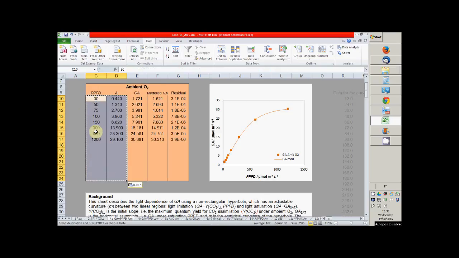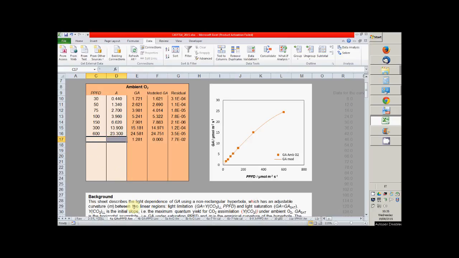Now, these cells do not contain any formula which links them to the raw data. They are completely independent, and we may modify them or change individual values. So, for example, if you want to delete the last data point, this will not affect any subsequent sheet.